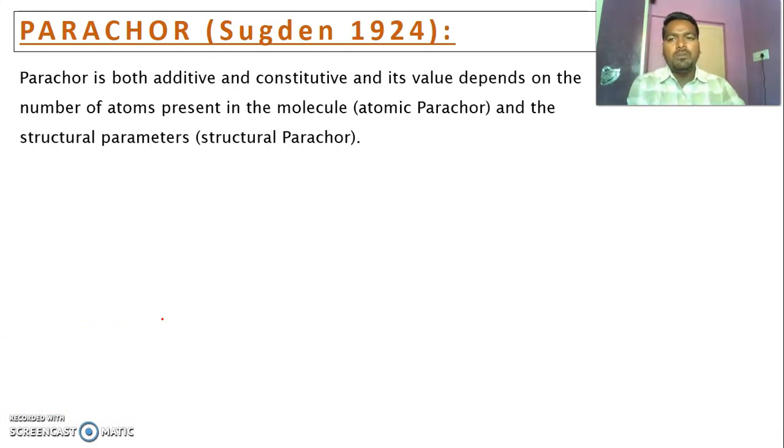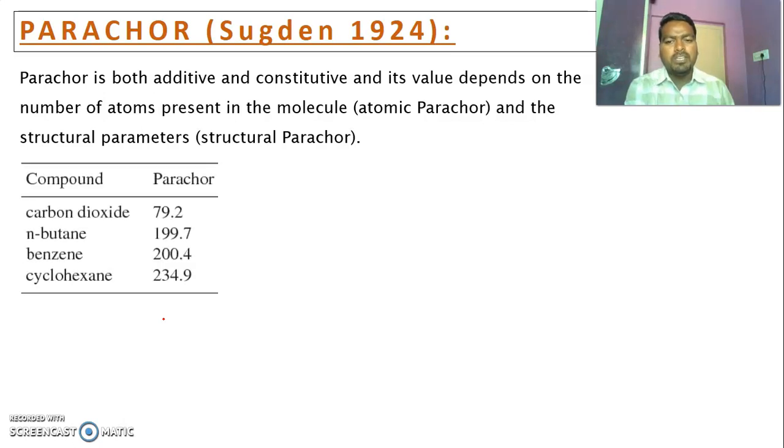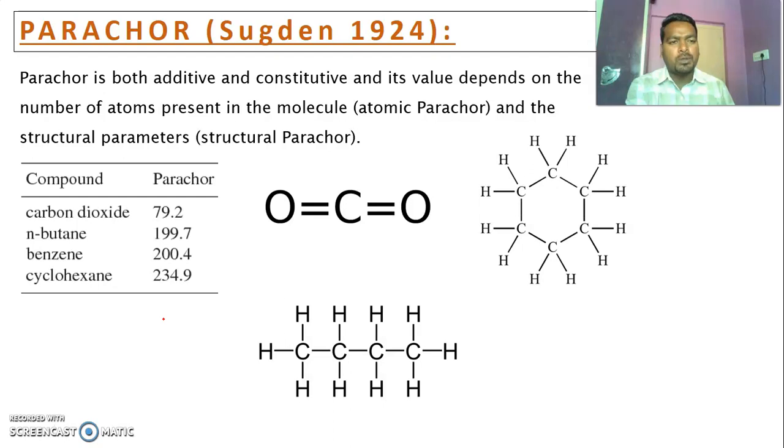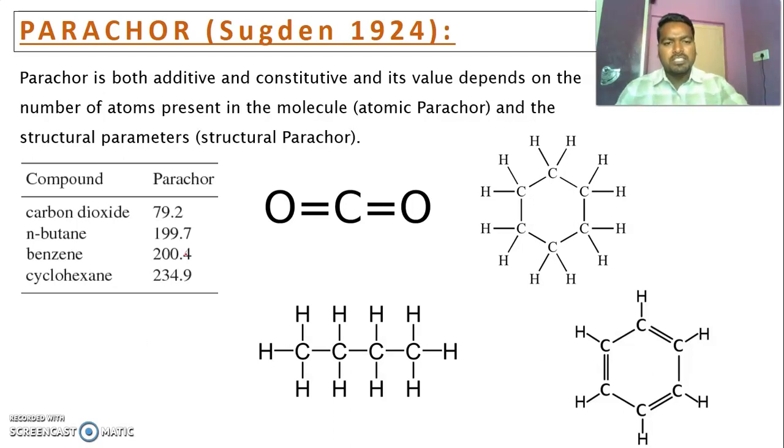This Parachor value is both an additive as well as a constitutive property. That means even a small change in the number of hydrogen or oxygen atoms between two molecules, the Parachor value is completely changed. Just take the example of benzene and cyclohexane.